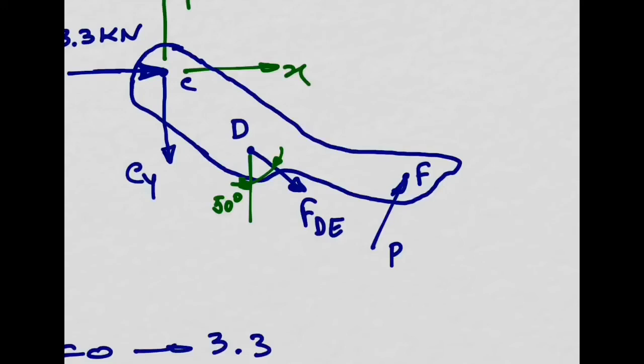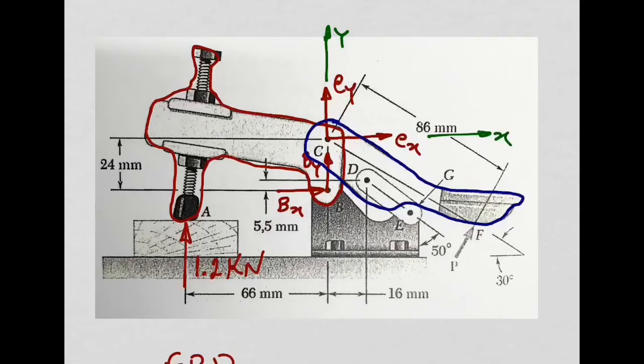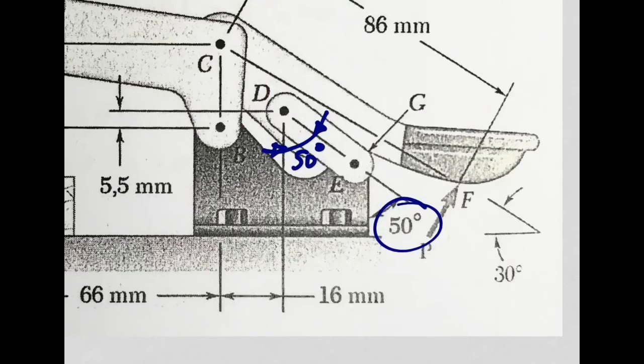We will need also the angle for this force P, so let's go back to that figure as well. So for force P, well, we have this 30 degrees. So it means this angle here is going to be 30 degrees. You agree with me?